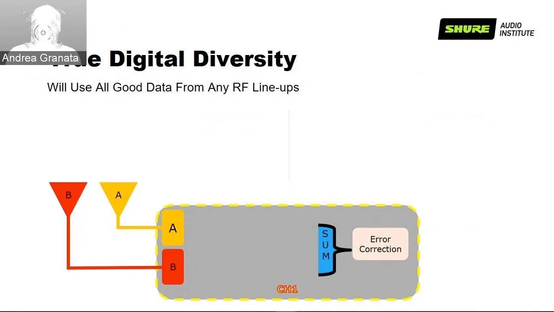The second piece of information that we need to fully understand digital diversity is about what happens next. Now, you may know that there is no digital transport that allows 100% of data packets to be transmitted and received perfectly, on time, correctly, without any loss.